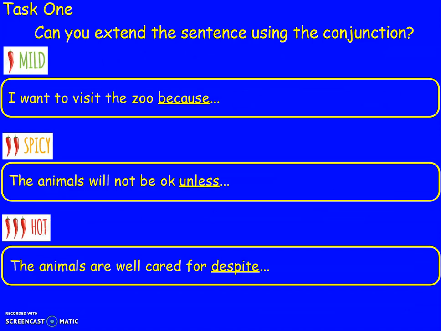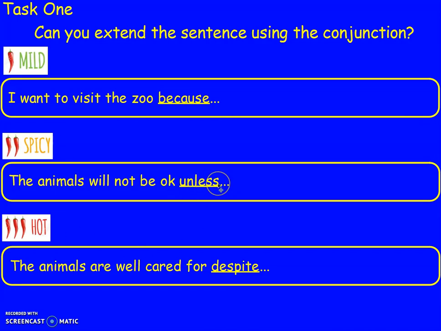For your first task today, I want you to have a look at these sentence starters, and I want you to see if you can extend the sentence using the conjunction that I have given you. So for mild, it says, "I want to visit the zoo because." So because is the conjunction. How could you finish that sentence? Spicy says that "animals will not be okay unless."